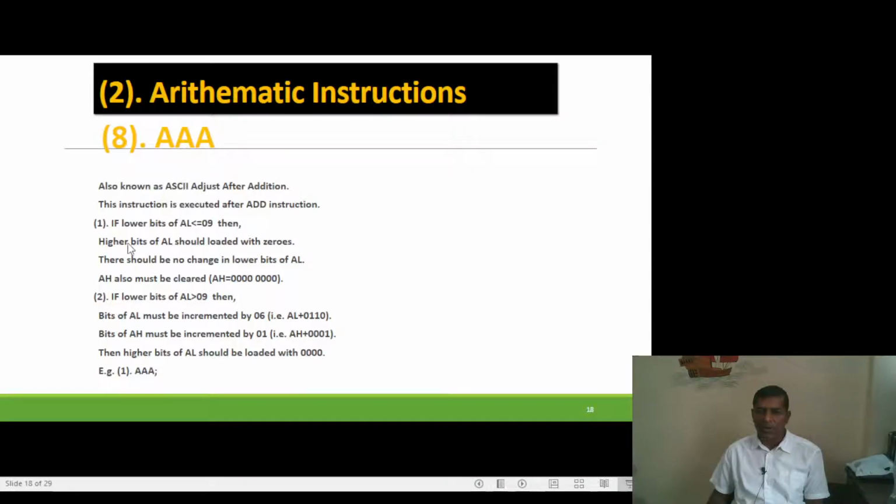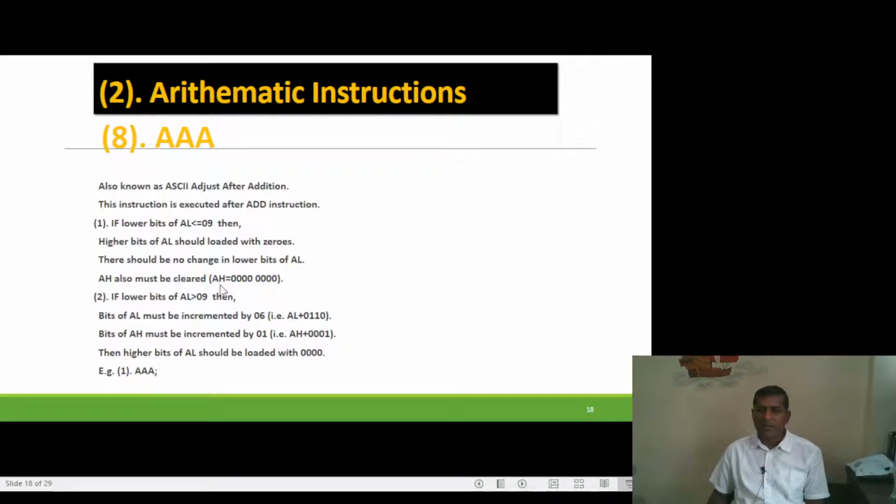If the lower bits of AL are less than or equal to 09, then the higher bits of AL should be loaded with zeros. There should be no change in the lower bits of AL. AH also must be cleared.